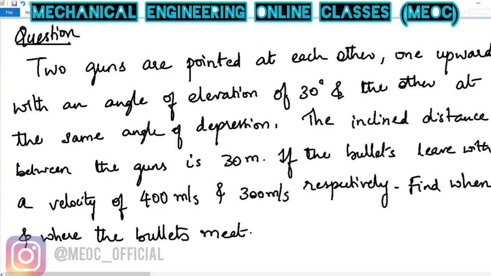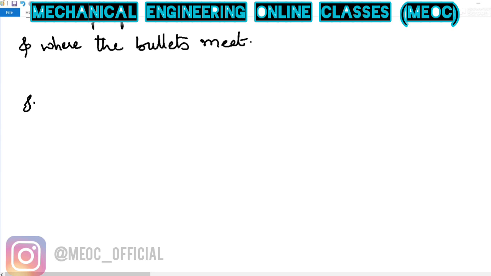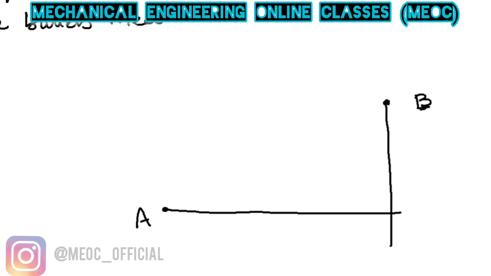So let us start with drawing the diagram as a part of solution. So given that there is one gun, let that be at point A, let the other gun, the second gun, be at point B, the bullet coming from the second gun. The velocity of the bullet that comes out of gun A is given as 400 meter per second.